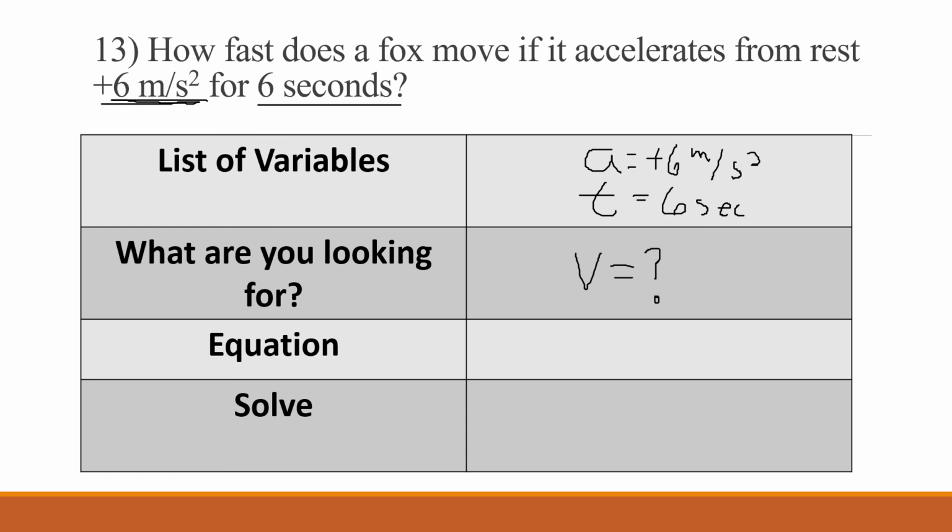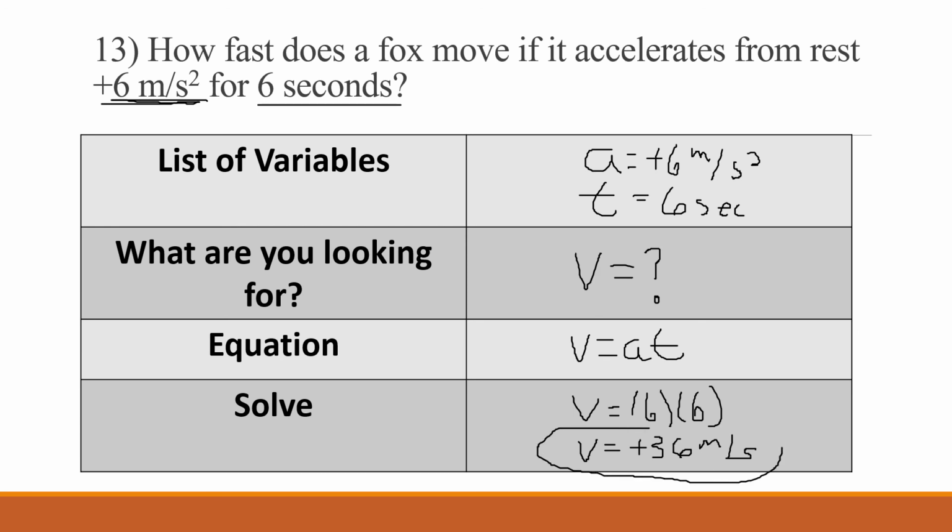Because we have an acceleration, we know that we're looking for velocity. That means the equation that we're going to use is v equals at. And when I plug into that equation, 6 times 6, velocity equals plus 36 m/s.